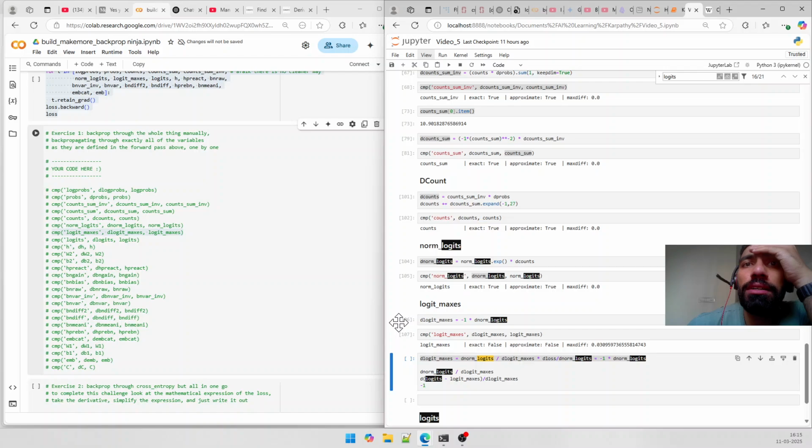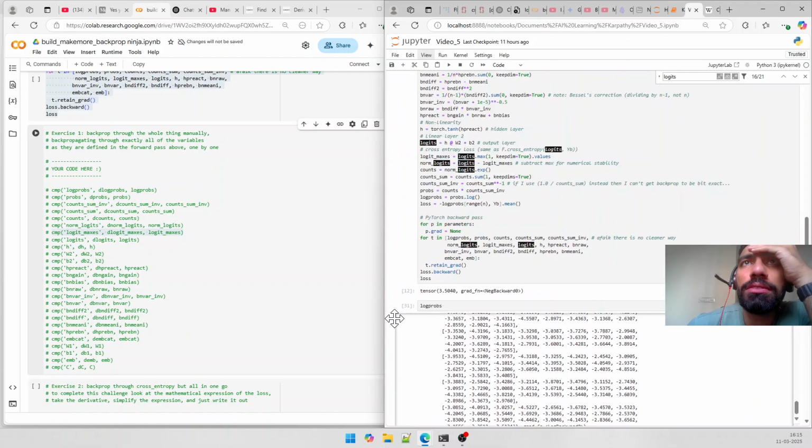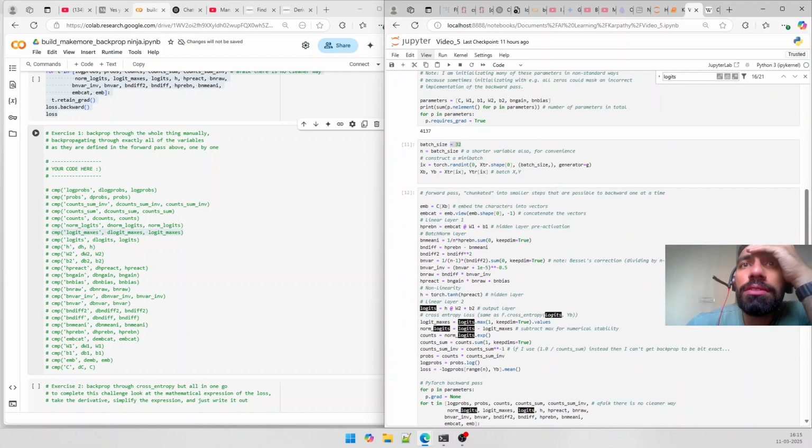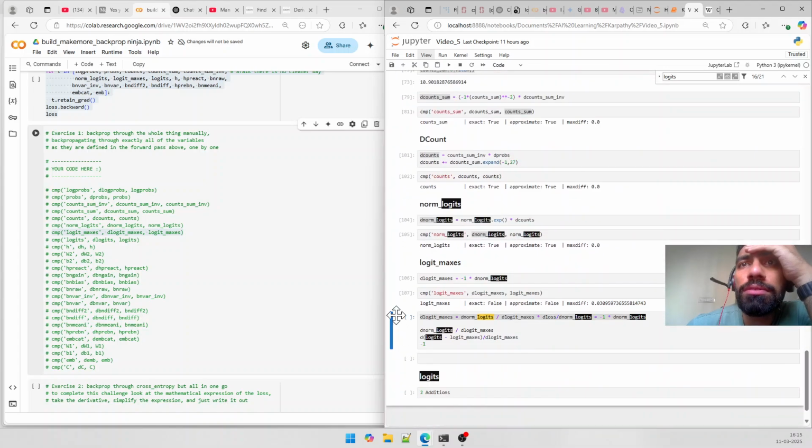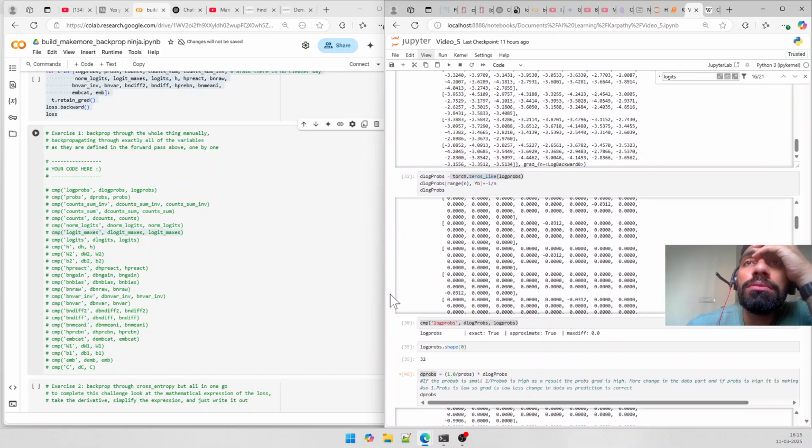Logits can't be defined in logit maxes, right? Okay, but we can define logit maxes in terms of what we're defining with logits, right?